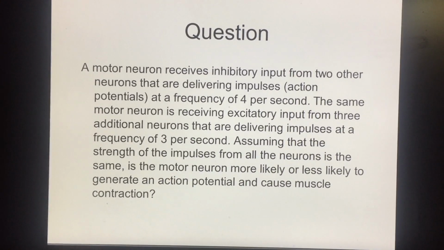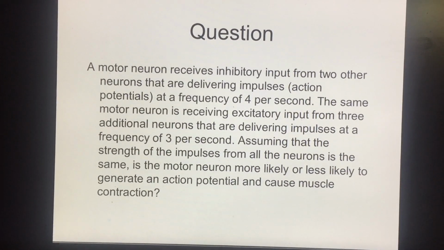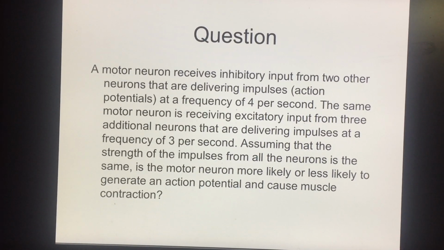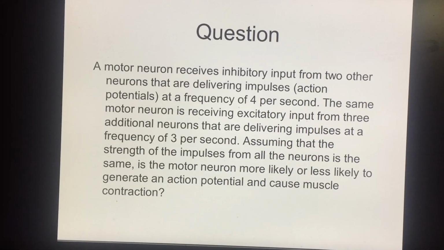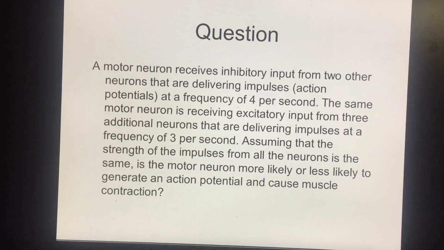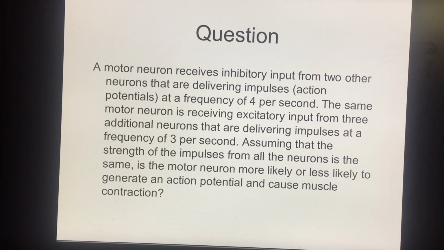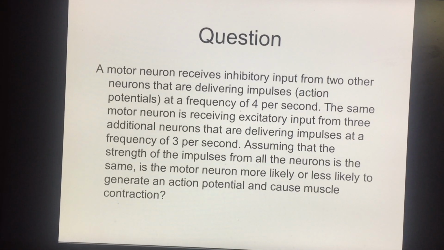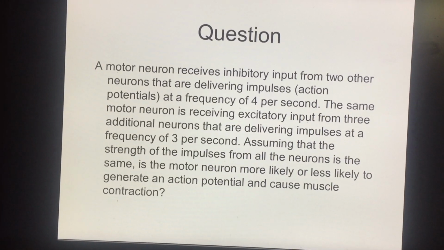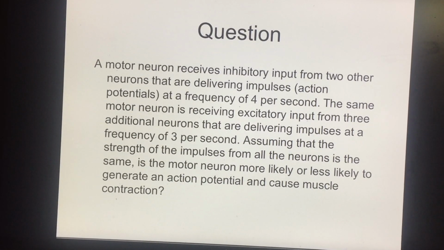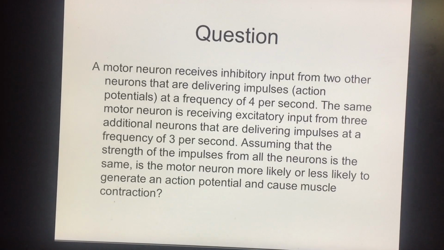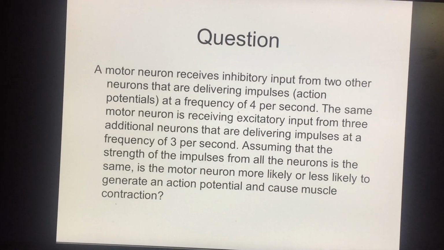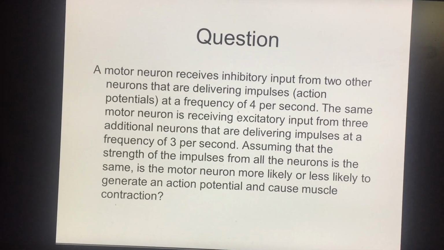A motor neuron receives inhibitory input from two other neurons that are delivering impulses, so action potentials, at a frequency of 4 per second, and the same motor neuron is receiving excitatory input from 3 additional neurons that are delivering impulses at a frequency of 3 per second. Assuming that the strength of the impulses from all the neurons is the same, is the motor neuron more likely or less likely to generate an action potential and cause muscle contraction?